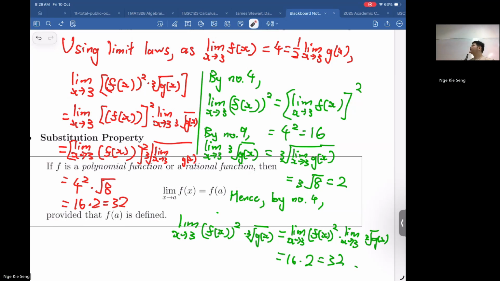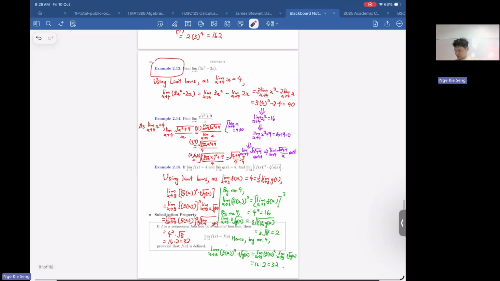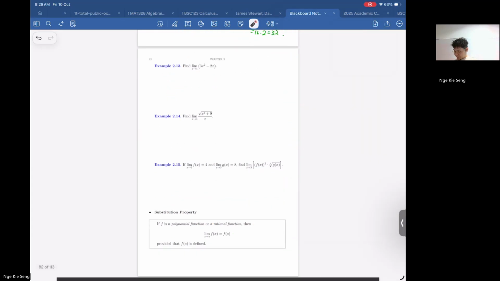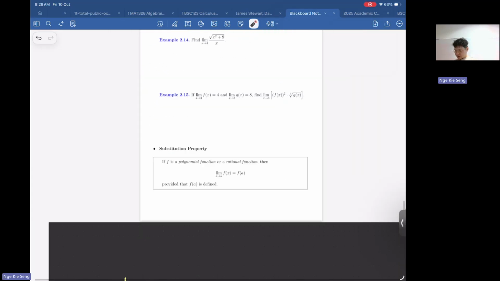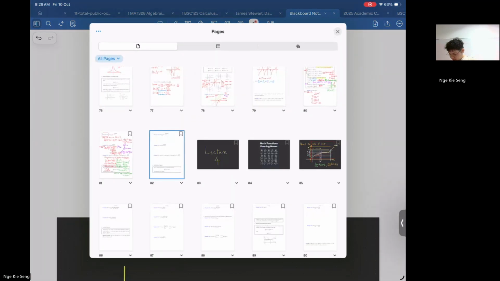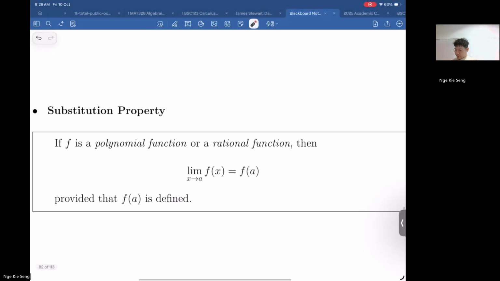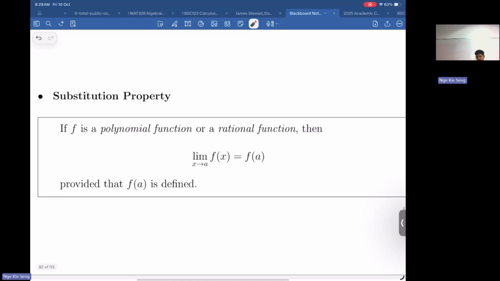Right. In that case, let's start a new part. Let's start with this substitution property here. If f is a polynomial function or a rational function, then the limit of f(x) is just equal to f(a), provided that f(a) is defined.